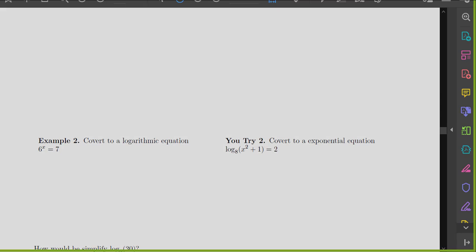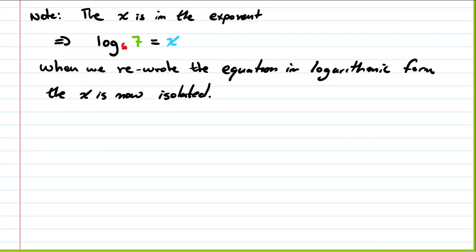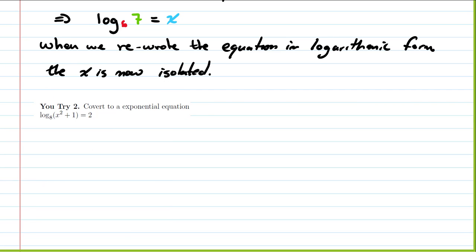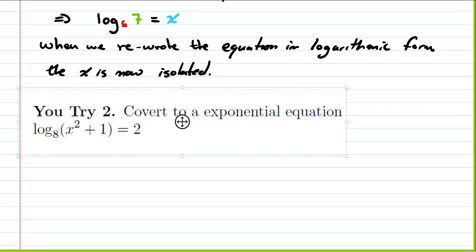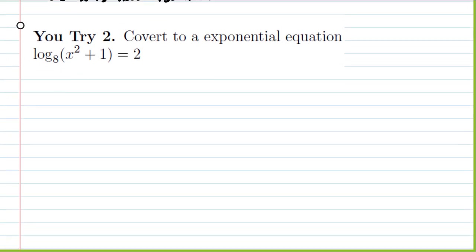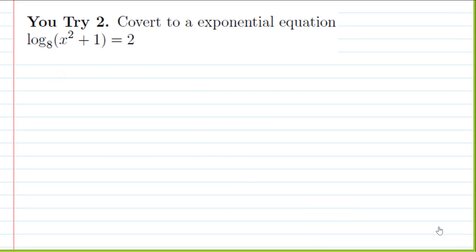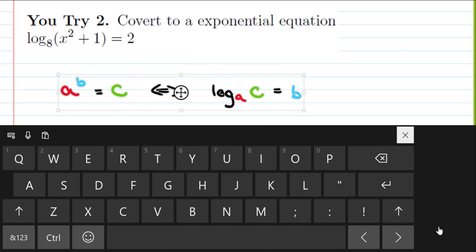All right, it's now your turn. Go ahead and give try number 2 a go. So convert to an exponential equation. The logarithm base 8 of x squared plus 1 is equal to 2. All right, so let's go ahead and resolve this.